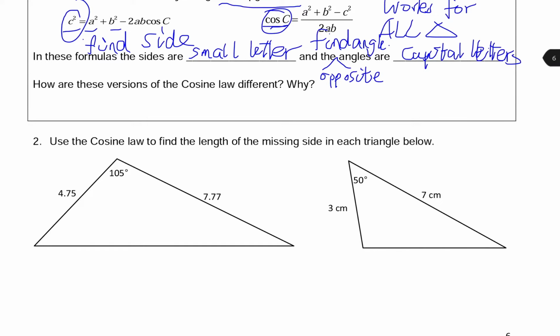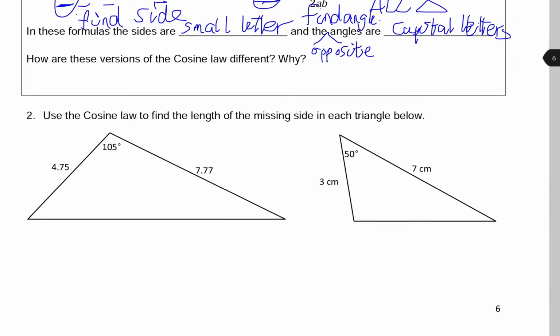Remember, little c and capital C are a pair of angle and opposite side. Usually we know one of them, but not the other. But we must know the other two sides in order to find the third missing side, or we need to know all three sides.